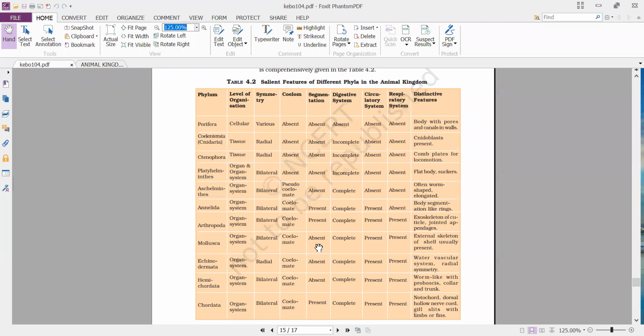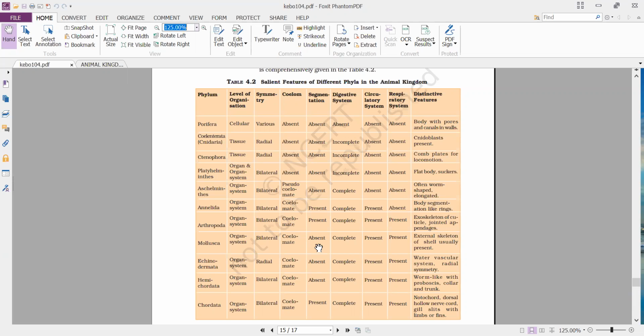And next, coming to the digestive system, in poriferans, the digestive system is absent, because it is only the cellular level of organization. The digestive system in coelenterates and ctenophores is described as incomplete because they possess only one opening through which the food along with water will enter, and the waste materials are also sent outside.